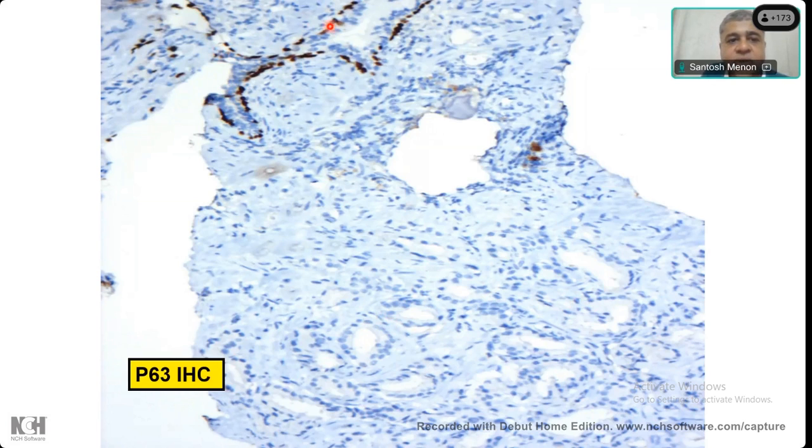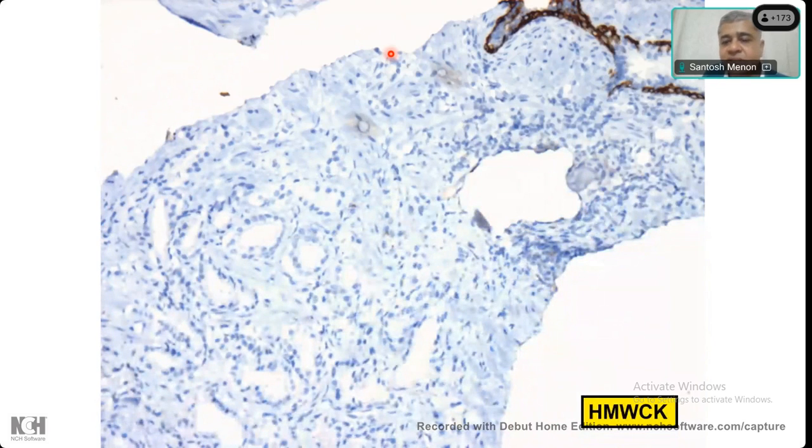And it is always good to take a slide where you have a control if you have. So this is an internal control, a benign gland where you have the basal marker as control. The same thing applies here for high molecular weight keratin.